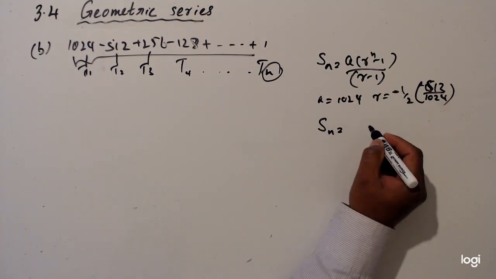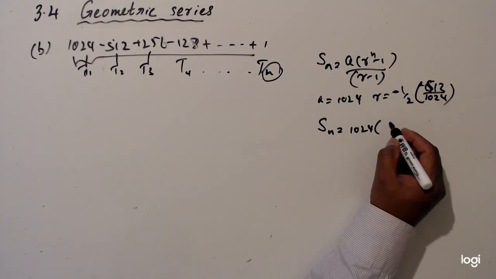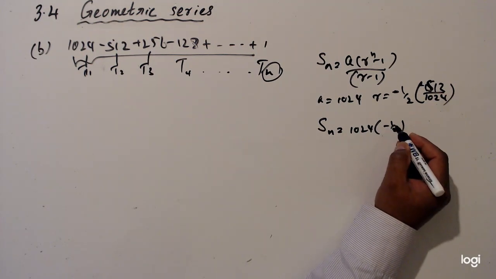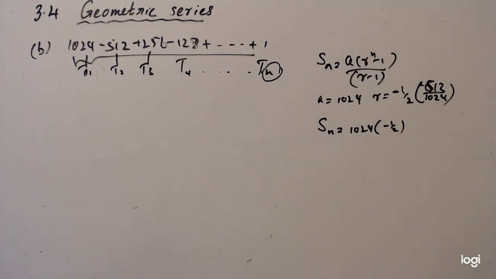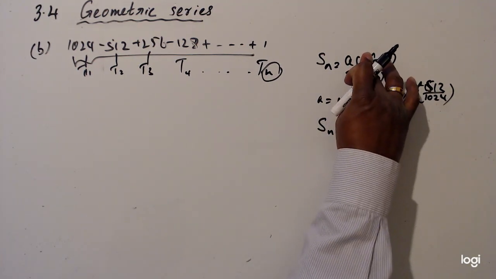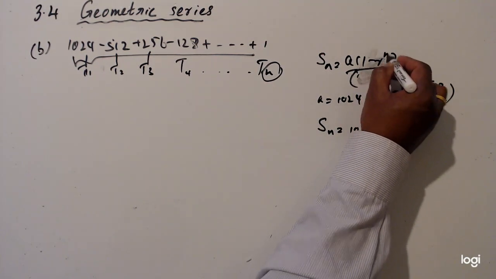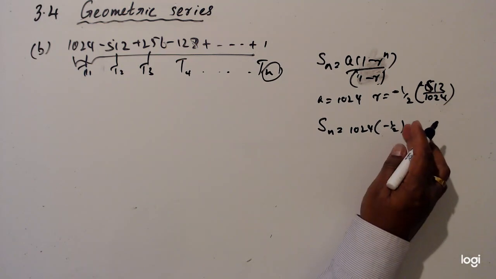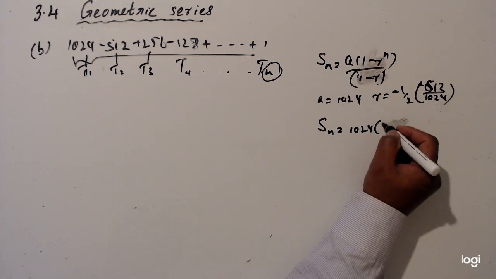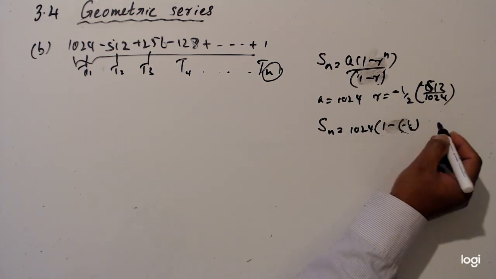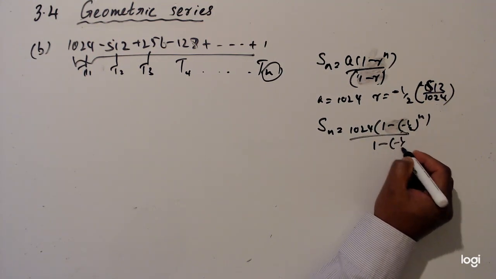So Sn equals 1024 times, and it doesn't matter which equation, the other one is easy, (1 minus r^n) over (1 minus r). This is going to be 1 minus (minus half)^n over 1 minus (minus half).